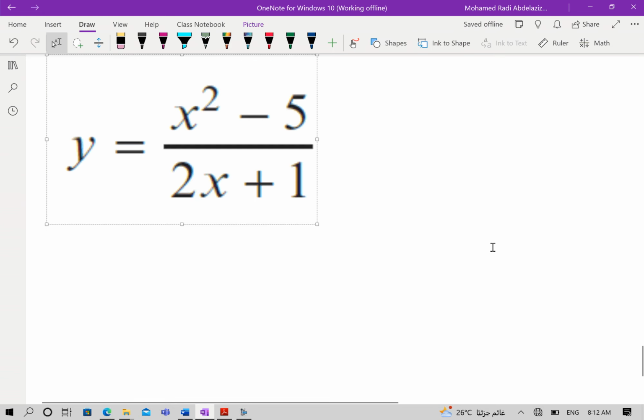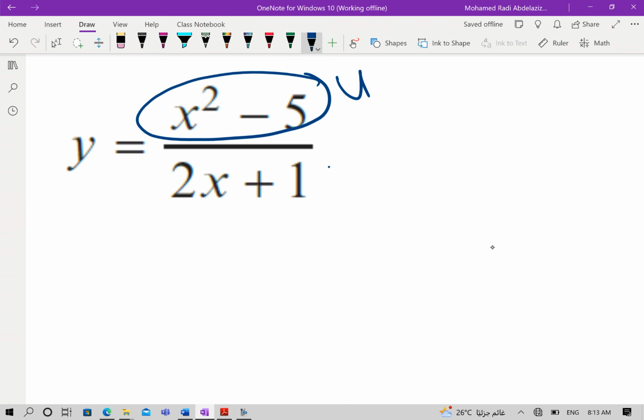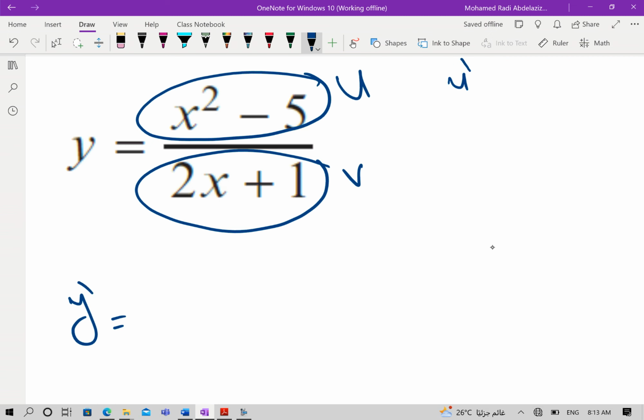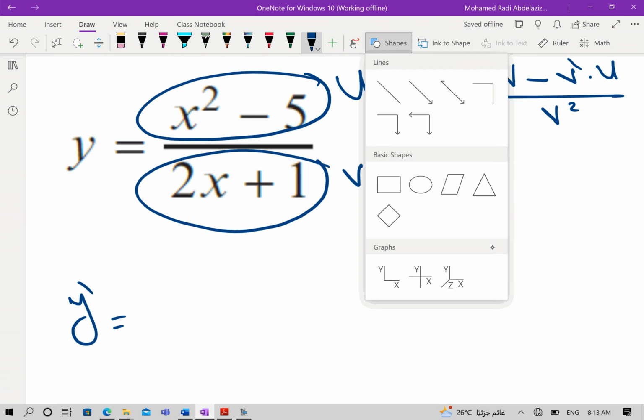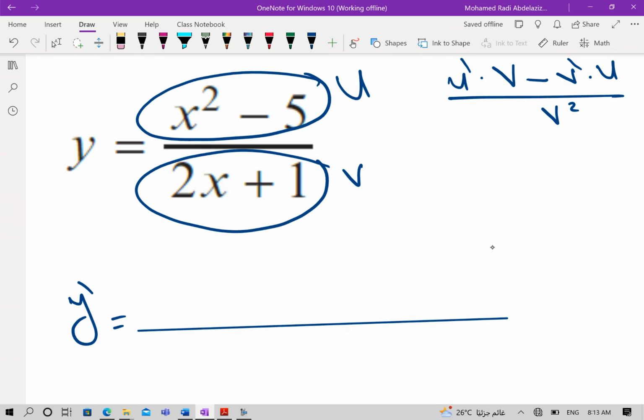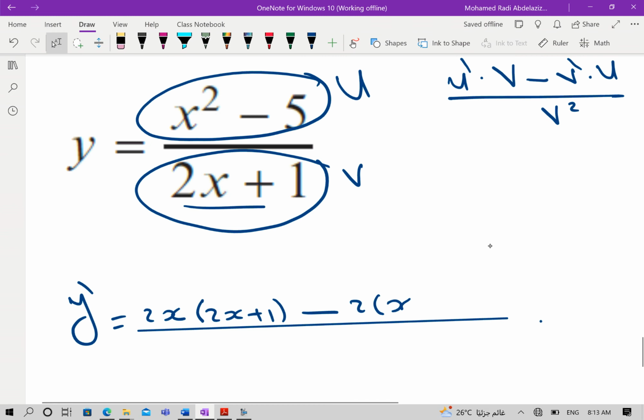The first one will be u, the second one will be v, then apply y dash: u dash times v minus v dash times u, all divided by v squared. 2x is the derivative of u, multiplied by v, which is 2x plus 1, minus the differentiation of second, which is 2, multiplied by x squared minus 5, divided by 2x plus 1, the whole squared.